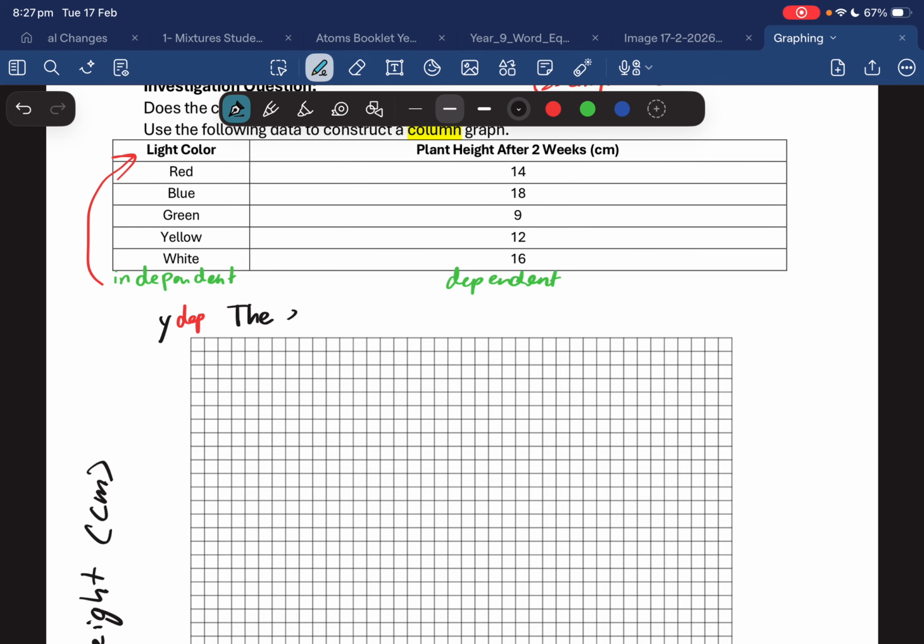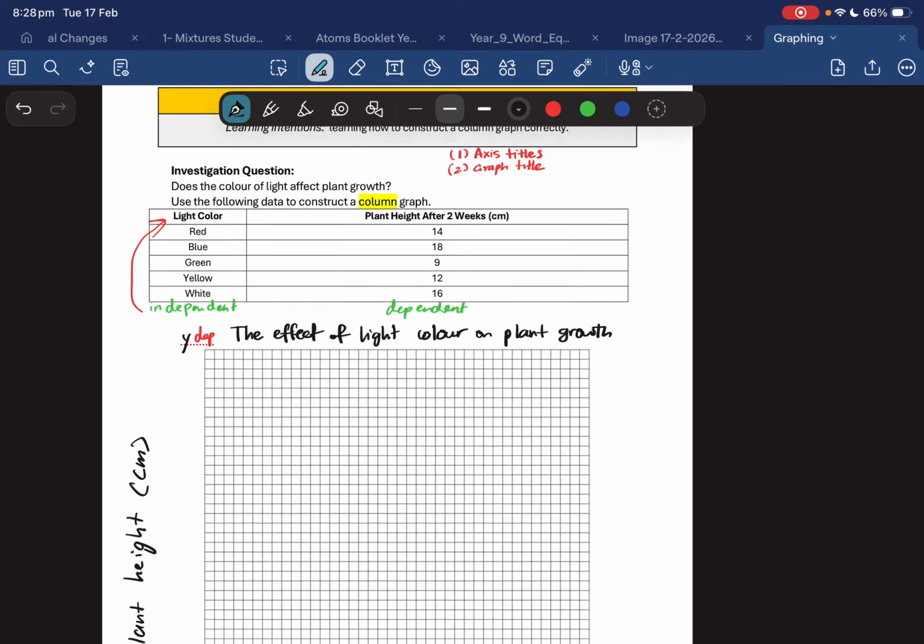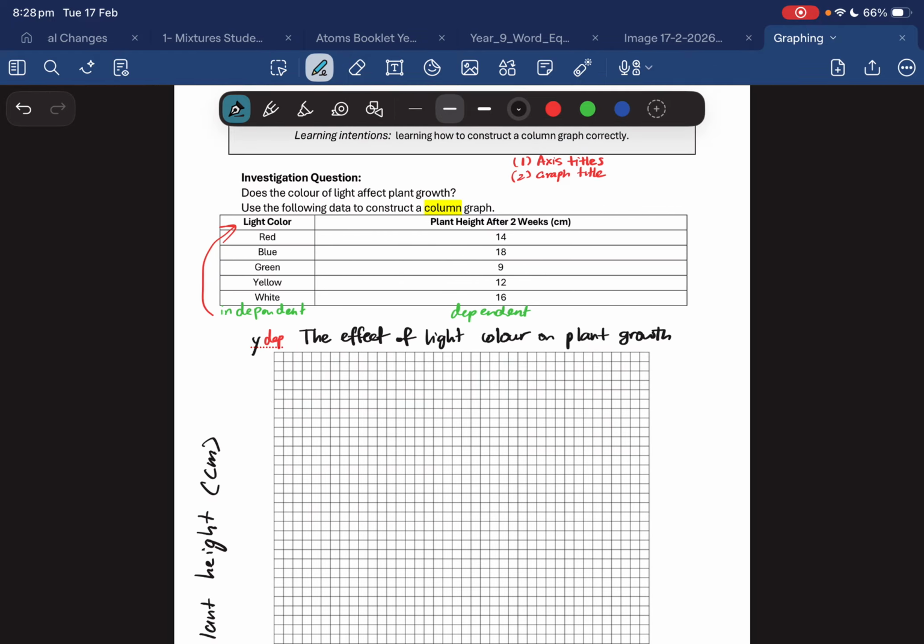The effect of light color on plant growth or plant height, doesn't matter. You're just telling me what's happening in your graph here. Usually you can't really go wrong with that one unless you either forget it or it doesn't make sense at all. So axis title is done, my graph title is done.